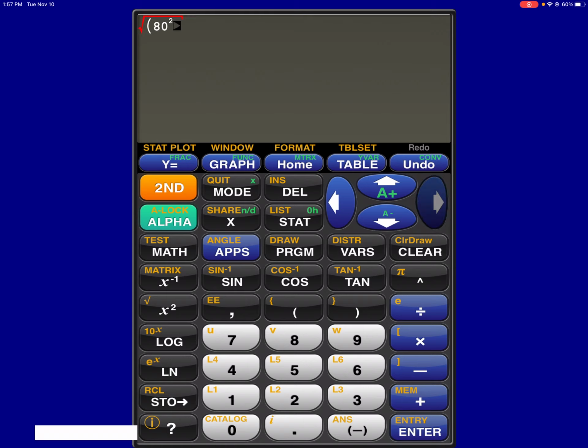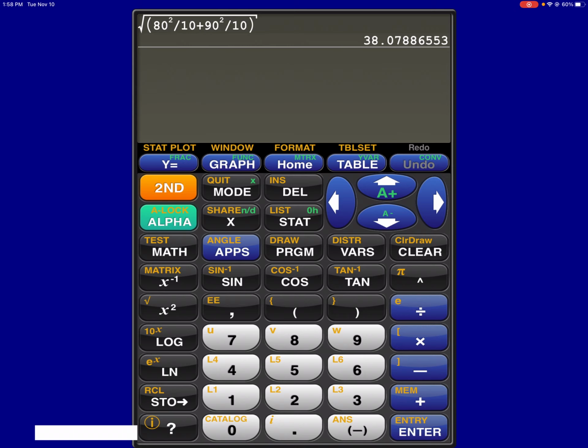So 80 squared, come out of the exponent, divided by 10 plus 90 squared, come out of the exponent, divided by 10, and then in parentheses. So that looks like it gives us 38.07. Well, I'm going to leave that as my answer for right now.